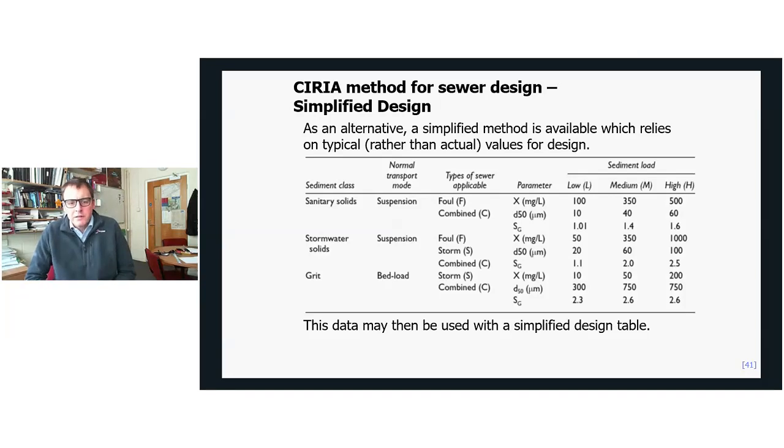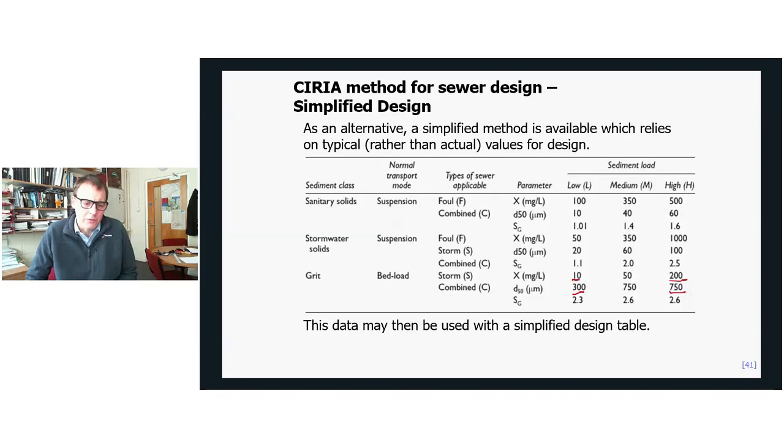There is, however, data in the method which gives you default values which you can adopt. So here, as an alternative, a simplified method is available which relies on typical rather than actual values. Here they are, and you can see that for grit, it gives you suggested loadings from 10 milligrams per litre to 200, and a D50 of 0.3 of a millimetre up to 0.75.